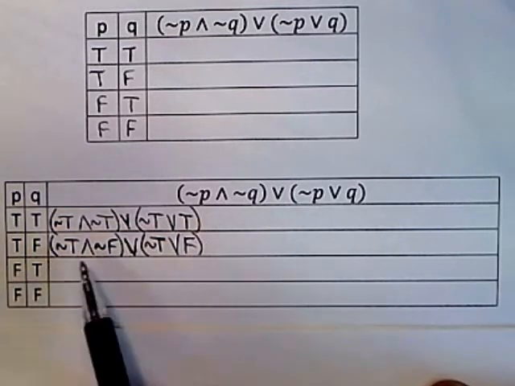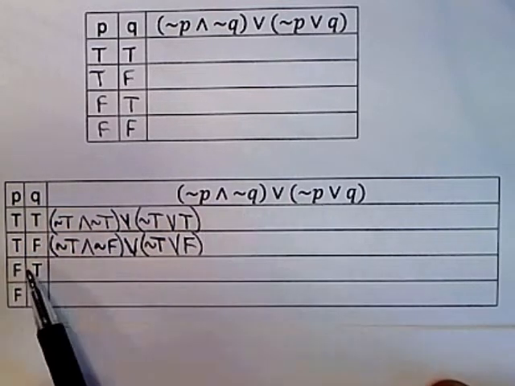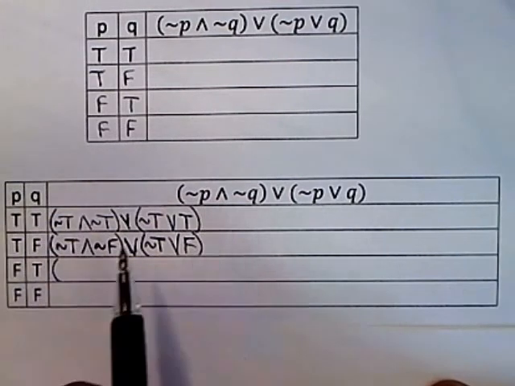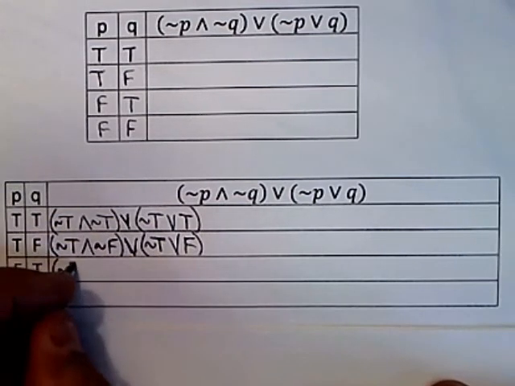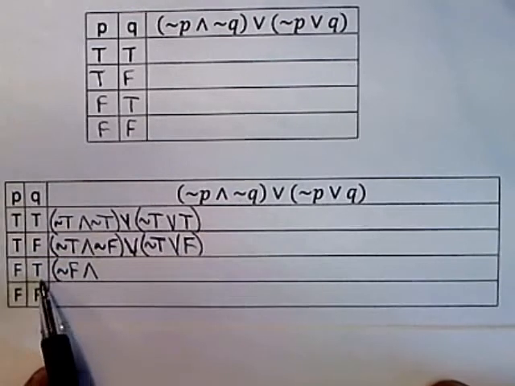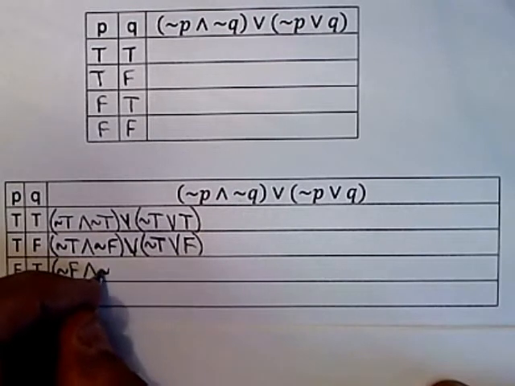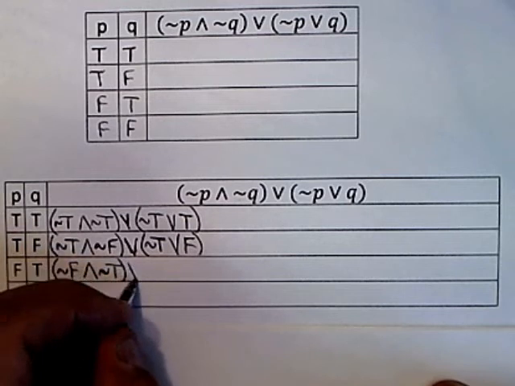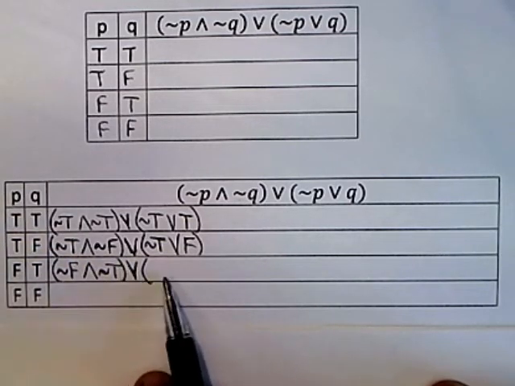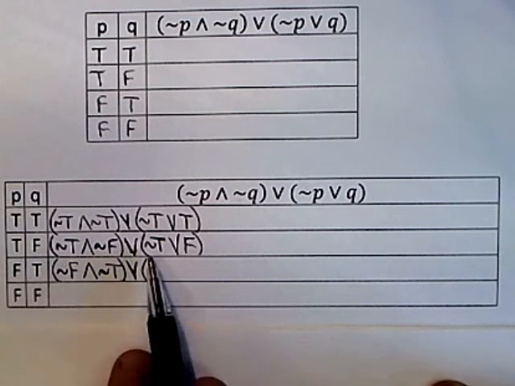Moving to the third row, everywhere there's a P, I'm going to put an F now, and everywhere there's a Q, I will put a T. So I'll have not false and not true. Or, be very careful here. Don't invert your signs. Be very careful.